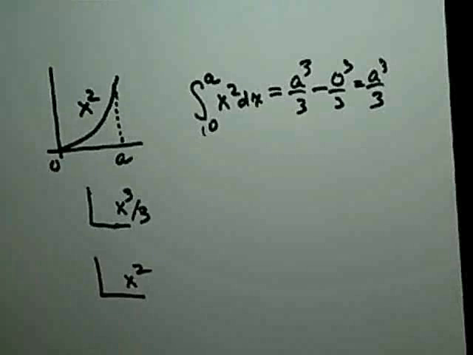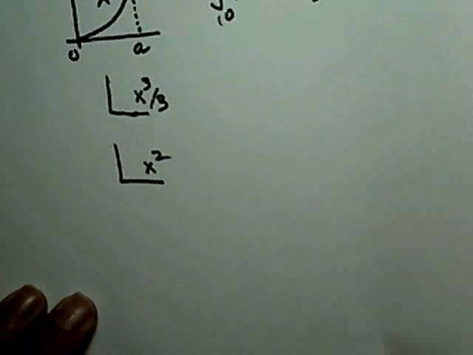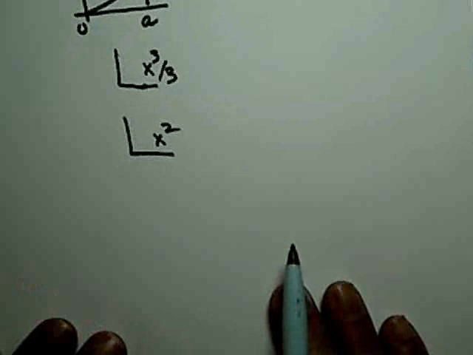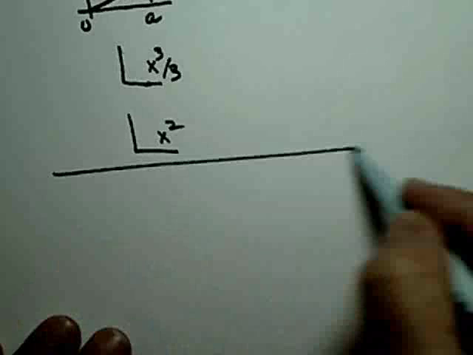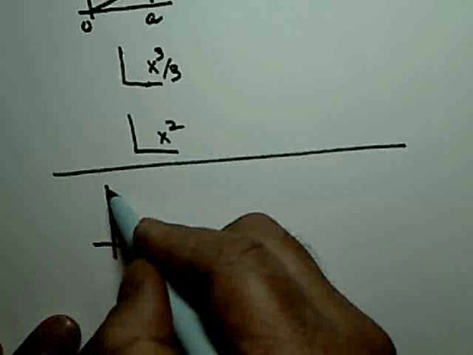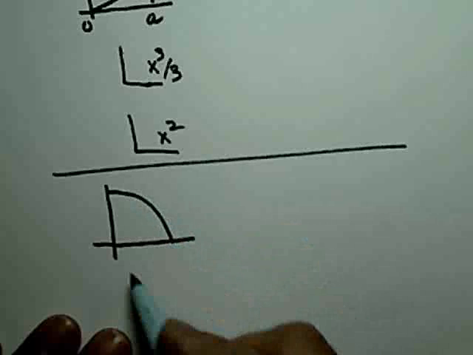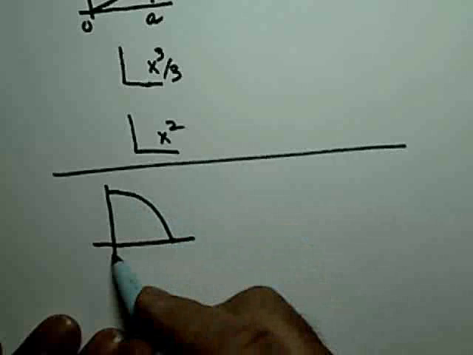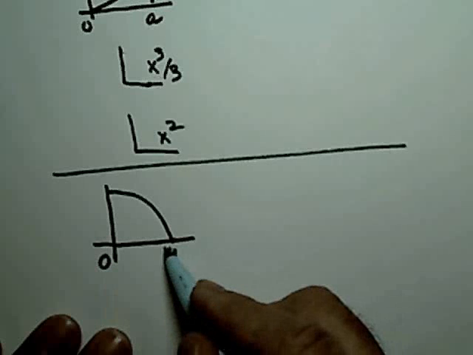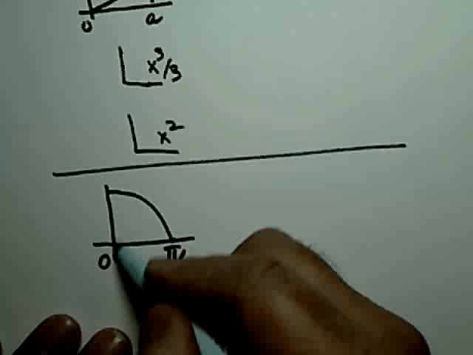Now, let me just give you a few more examples, so hopefully you will begin to really appreciate the power of this. Let's say that I wanted you to tell me what is the area under the cosine function for 1/4 of its cycle. So we're going to start at 0, and we're going to use radian measure, go up to pi over 2, and I want to know this area.